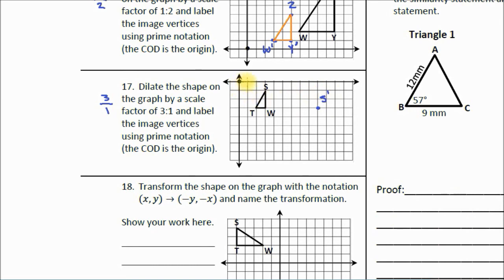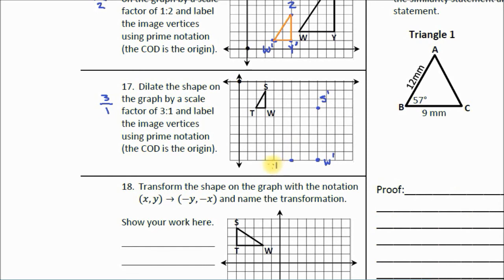Let's do W. 1, 2, 3. 1, 2, 3. There's twice as far away. 1, 2, 3. There is 3 times as far away. And there is our W prime. Okay, T is 1, 2, 1, 2, 3.